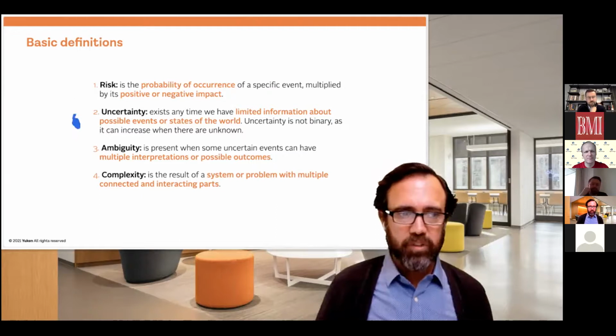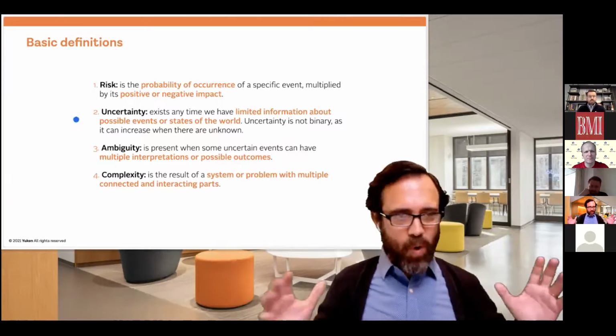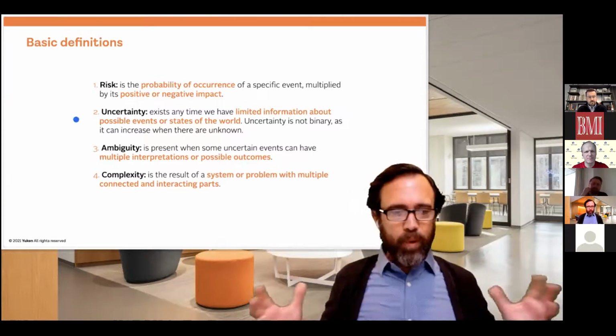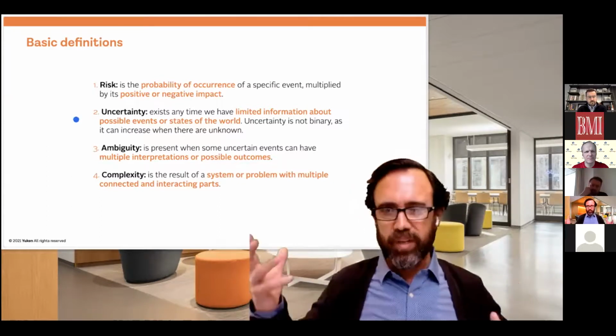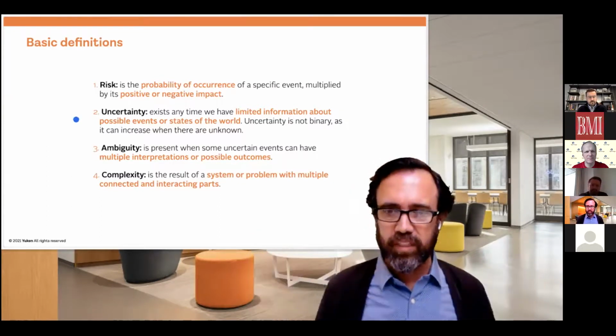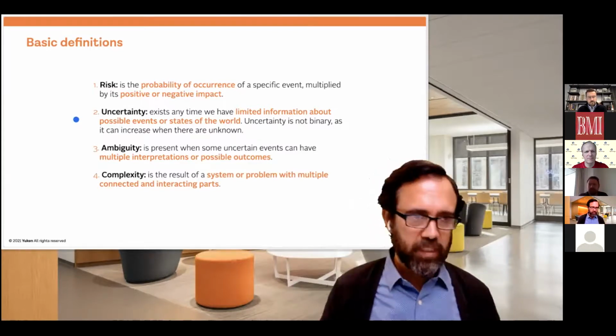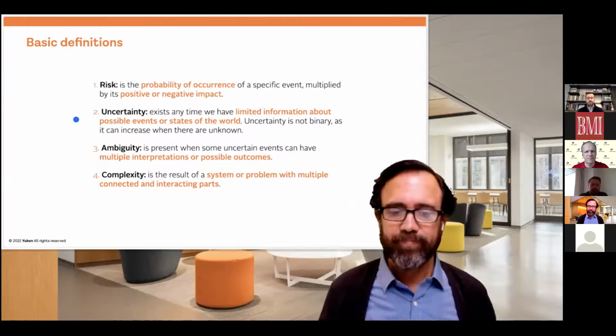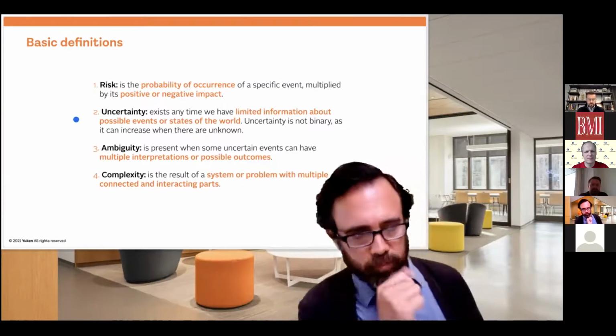Second, we have uncertainty, in which we know what could happen, but sometimes we don't know what could happen, and we don't have information or historical information on this. So, for instance, there's no way of calculating risk. Question for you.